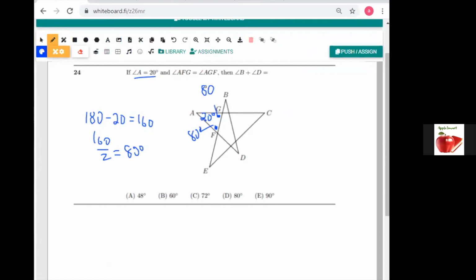Anything else we can find out? Well, if this is 80 degrees, do you agree that this opposite angle is also 80 degrees because of our rule of across, that opposite angles are always the same?